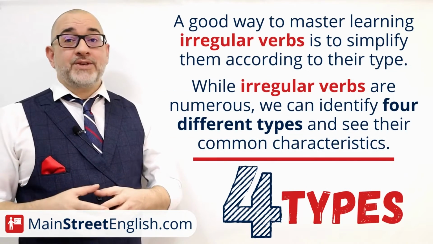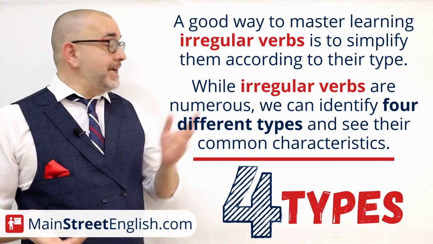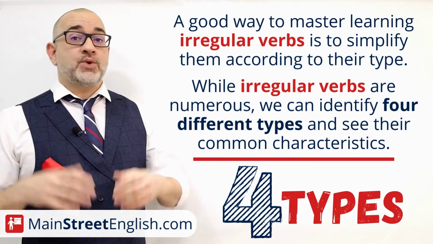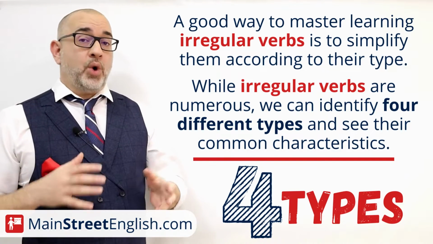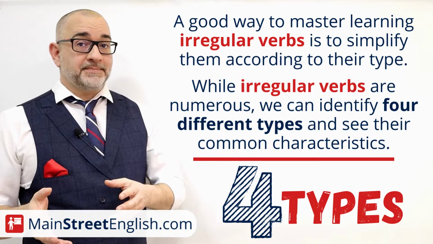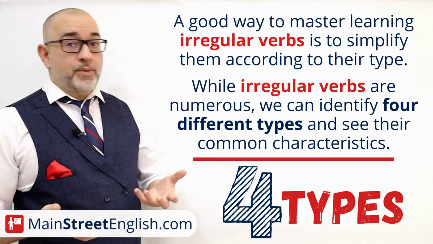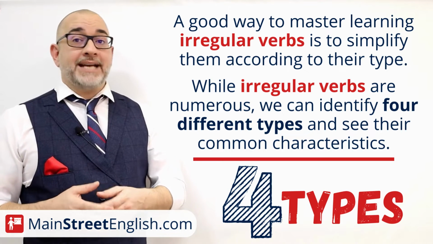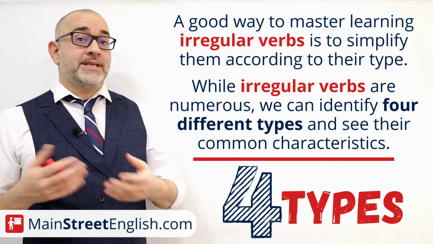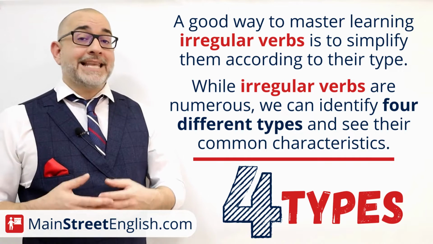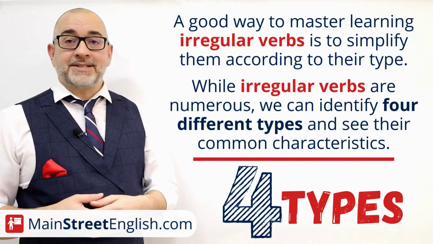A good way to master learning irregular verbs is to simplify them according to their type. While irregular verbs are numerous, we can identify 4 different types and see their common characteristics.